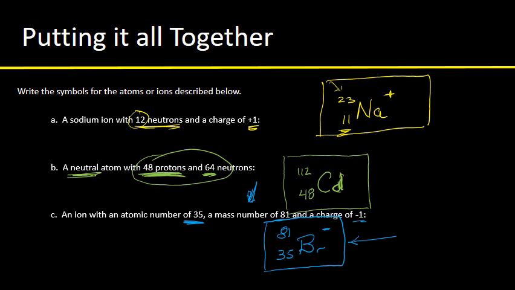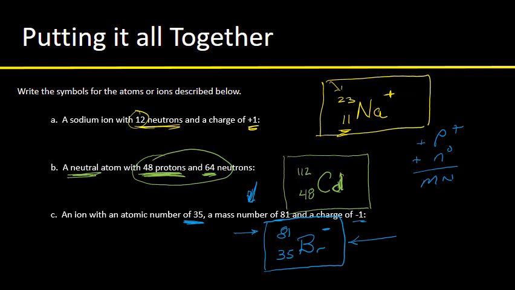So we could ask the question, how many neutrons are in this ion? And if this mass number is the sum of the protons and the neutrons, that means number of protons plus number of neutrons equals the mass number.